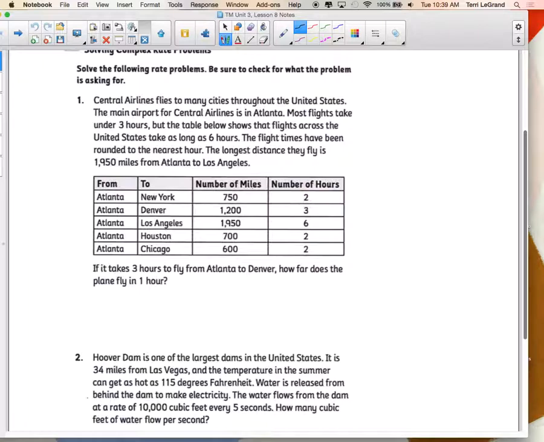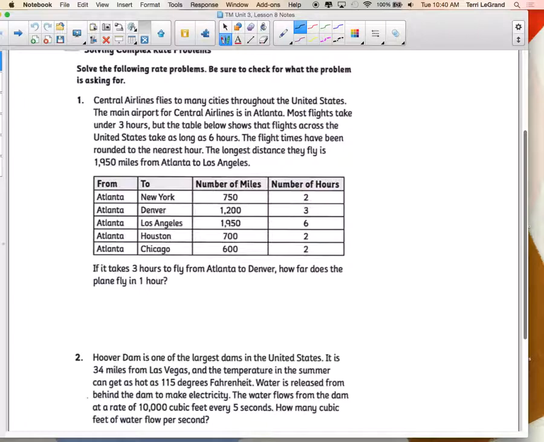Okay. Is this one specific airline? Yes or no? Look at your papers. Isn't it called Central Airlines? And where are they flying out of? Atlanta.